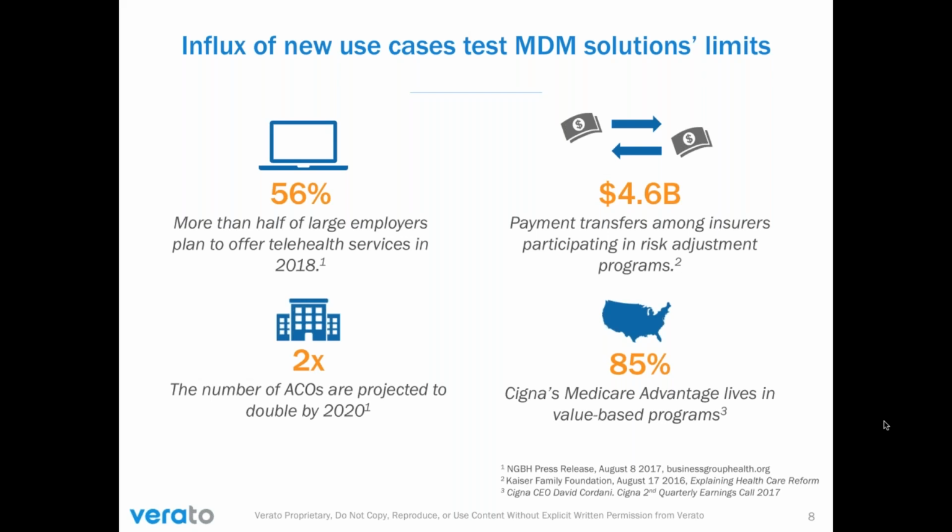You're trying to make sense of it and trying to rationalize it against your own membership data, and that can be a good thing. There's great opportunity in that, but it also becomes even more challenging for those existing MDM systems to try to tell you when is there a match between these records, because you may have tuned it very well to your membership data, but now you've got more and more provider source data coming in.